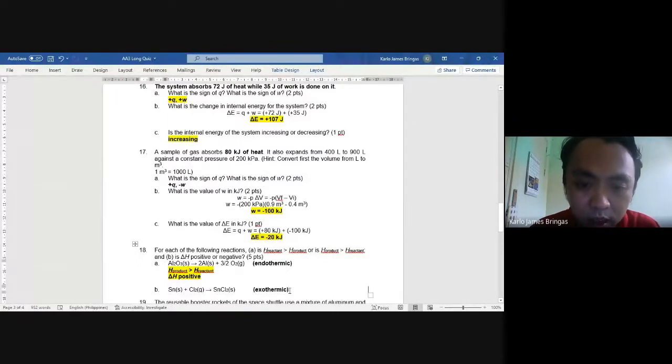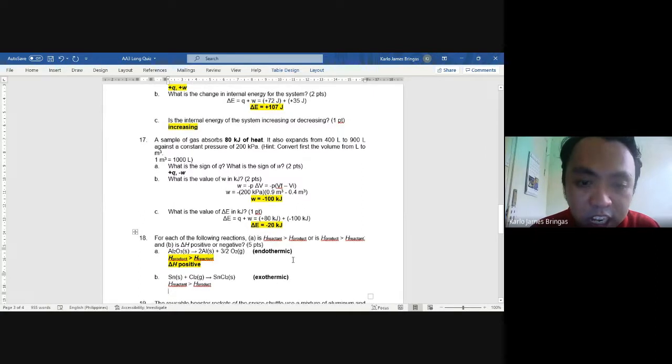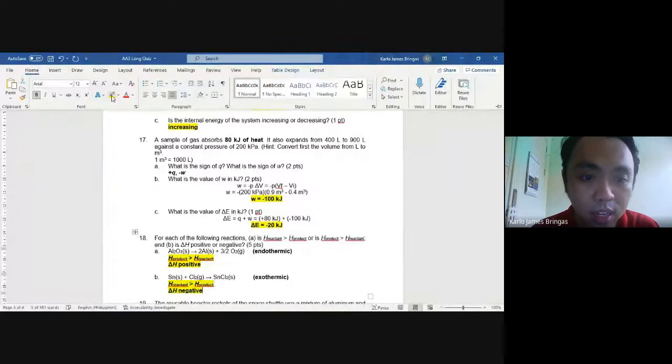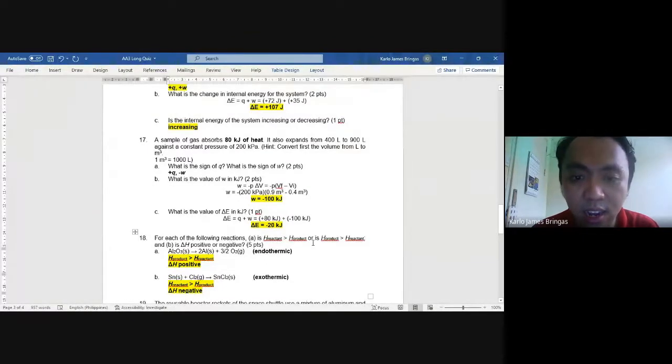So that if you subtract the smaller product enthalpy from the greater enthalpy of the reactant, delta H is then going to have a negative sign. So that is the case for an exothermic reaction. So that is the number 18.